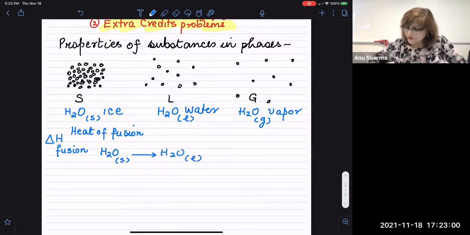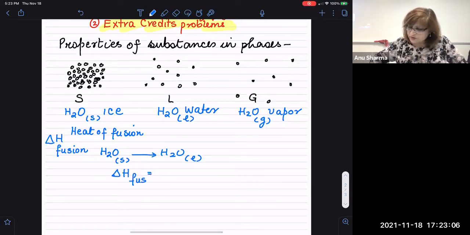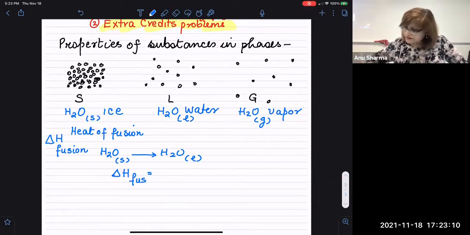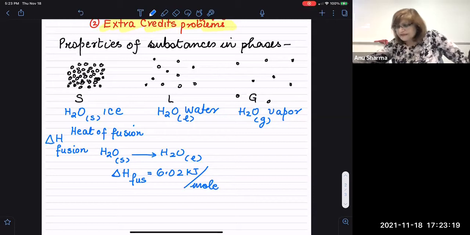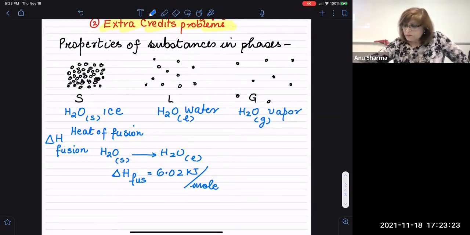That value, delta H fus, is equal to 6.02 kilojoules per mole. That is the amount of heat needed for 1 mole, or 18 grams, of water in the solid state, ice.